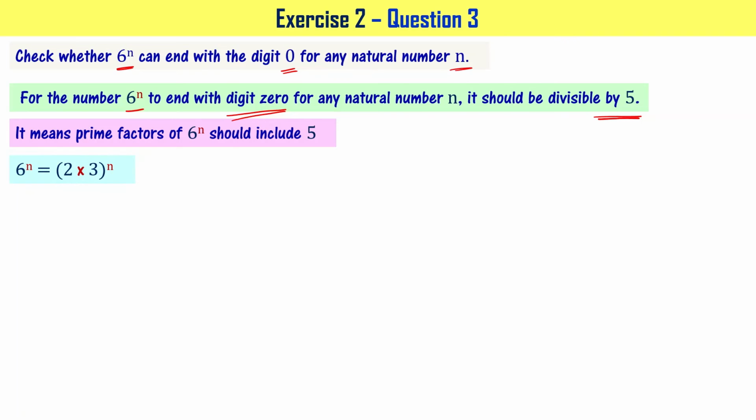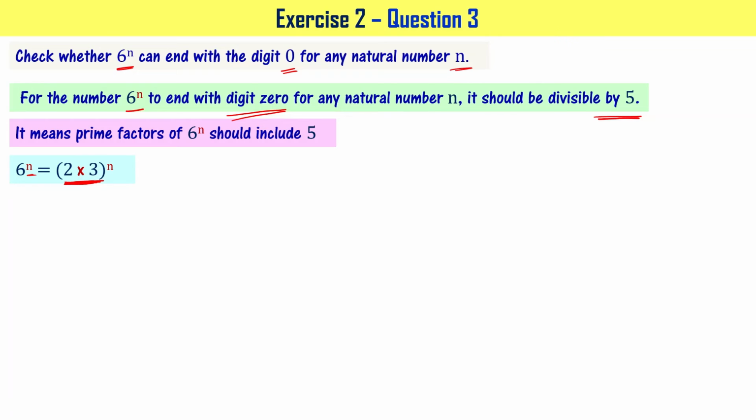But 6 power n can be written as 2 times 3 whole power n, right? 6 can be written as 2 times 3, and that is the whole power. As you see here, there is no number 5 as a prime factor, right? We know that as per the fundamental theorem of arithmetic, prime factors are unique.